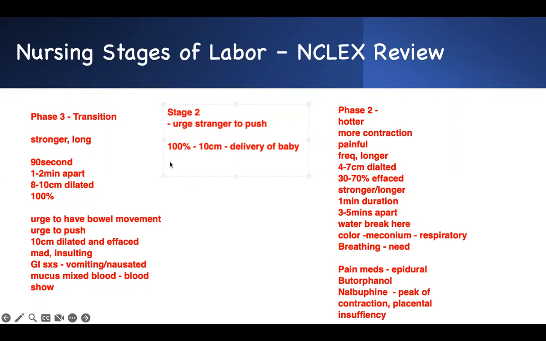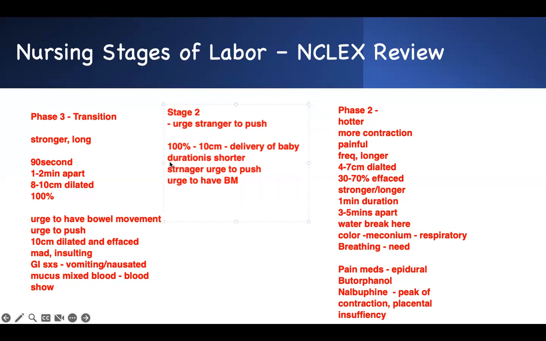Remember, they have a stronger urge. Everything is so bad that it's very, very important. The duration of the contraction is shorter. They're screaming at you, right? And they want to push. They also have a stronger urge to push, urge to have a BM. It's the same thing as in the transition phase. It gets bigger and bigger.